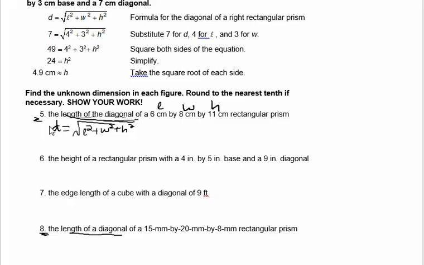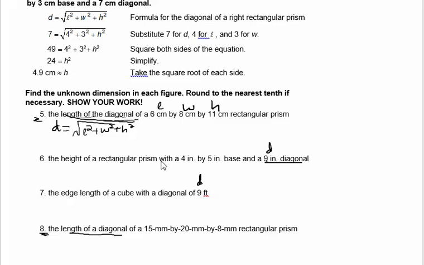But in 6 and 7, they give us the diagonal. So we'll be plugging that in right here in the formula. And then they also tell us some other parts. So we'll be looking for a missing part that's underneath the square root. So it's a little different.